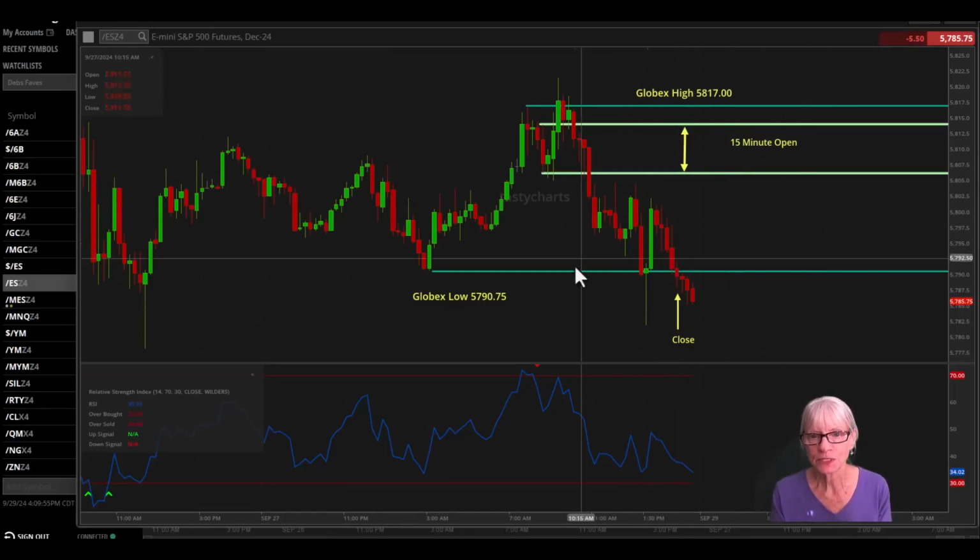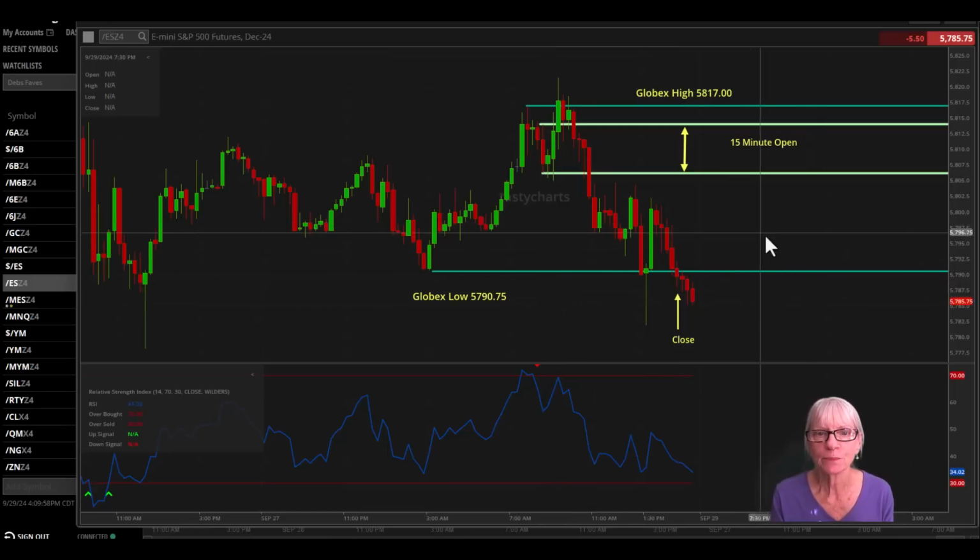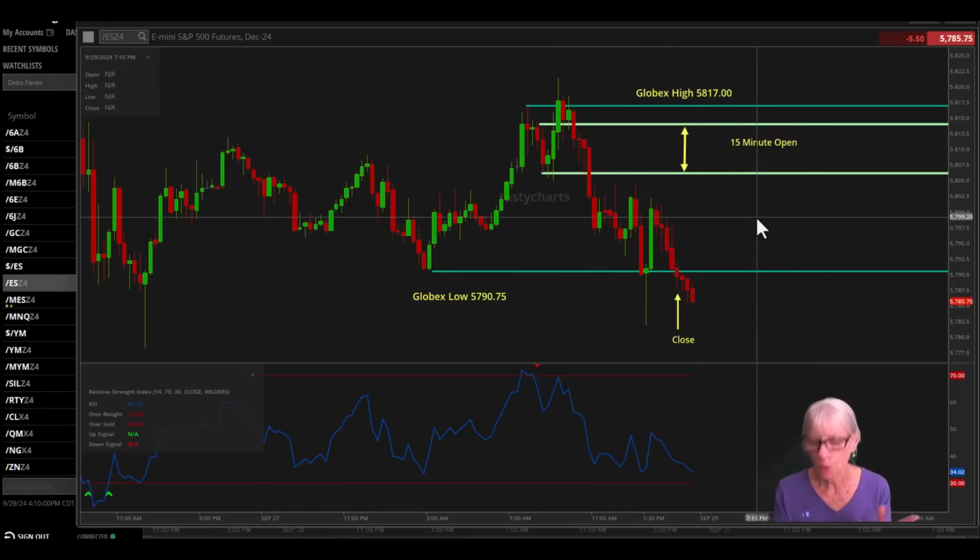Now on this particular day, the S&P opened up about 7 points, but it ended up down about 13 points. So there's so much volatility every day right now in the market, but this strategy will work every day, whether the momentum is continuing to go up or going down.